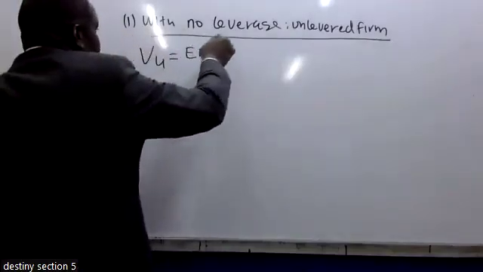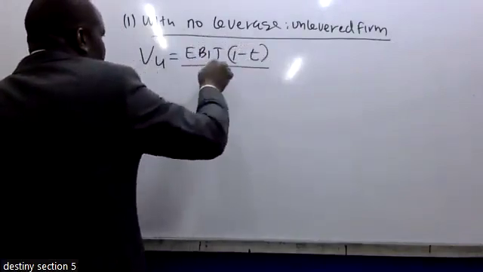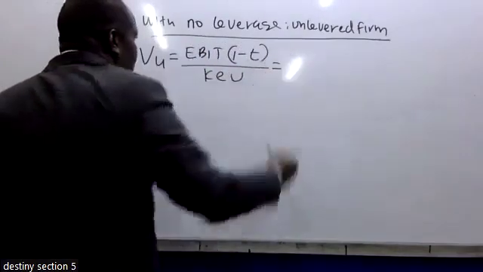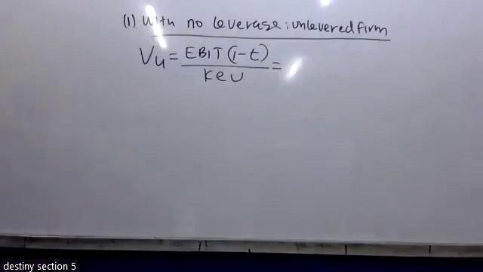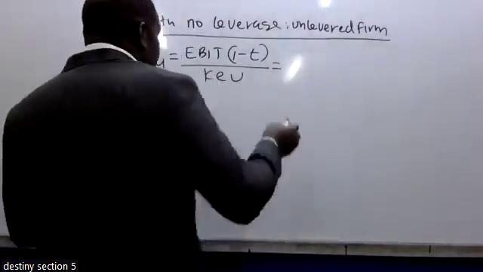So the value of the unlevered firm is given by earnings before interest and tax, times 1 minus the corporate tax, divided by KEU. Earnings before interest and tax was given as 3 million.